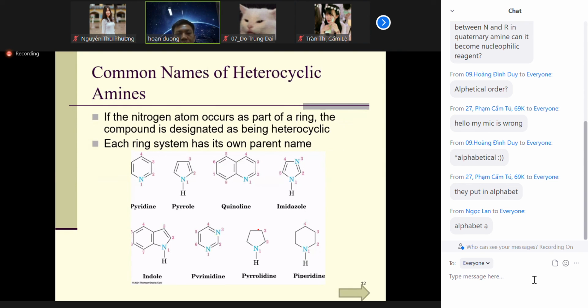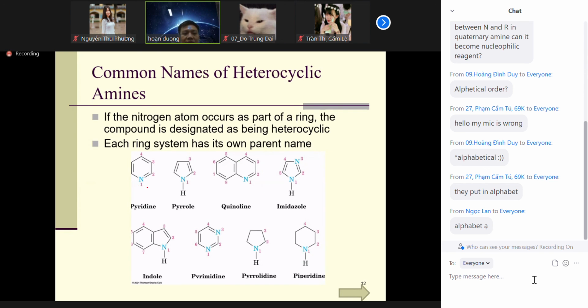We will learn about the heterocyclic in the next chapter, but anyway, you should understand more. If you have the nitrogen on the ring, it is very important to make the system of this compound very, very interesting, okay? And say pyridine, all right? That looks like the benzene ring, but you replace one carbon by a nitrogen atom.